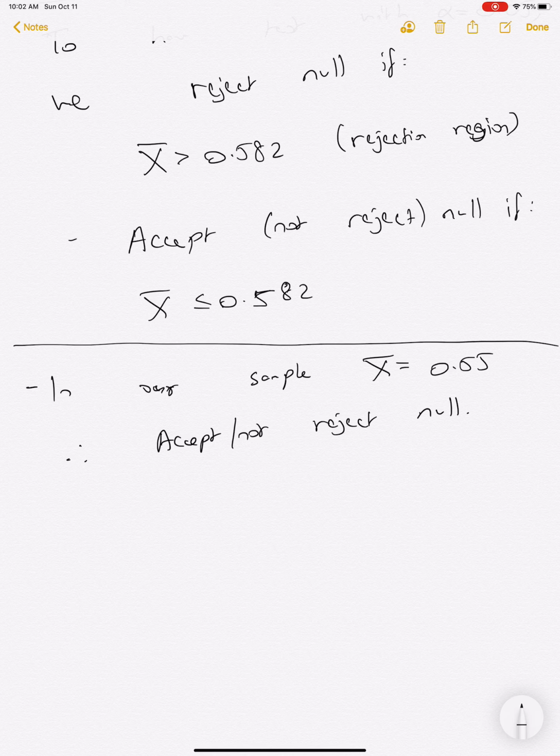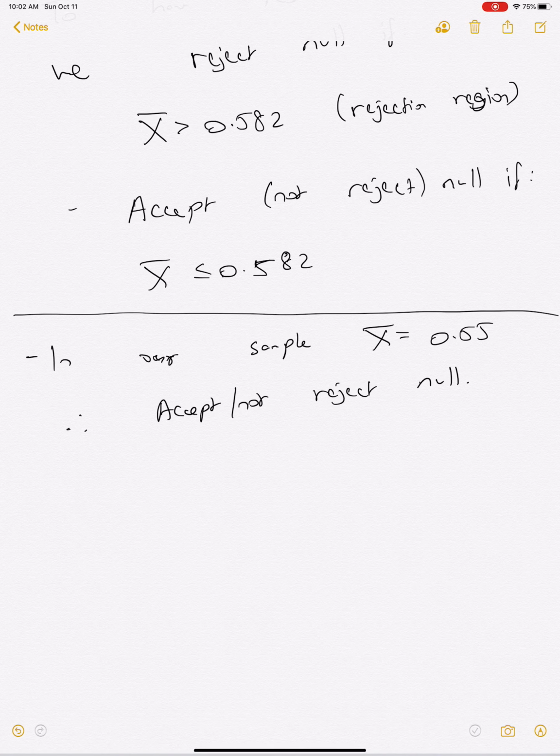at the significance level of 0.05. So another way to think about it is if you change that alpha to something different, say 0.2 rather than 0.05, I would guess you would then reject the null.